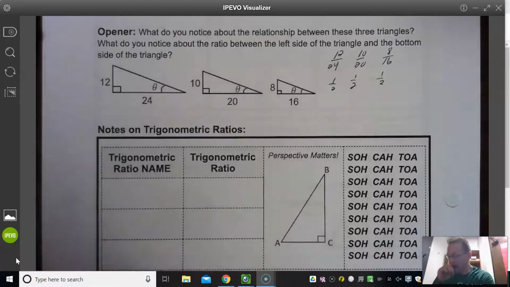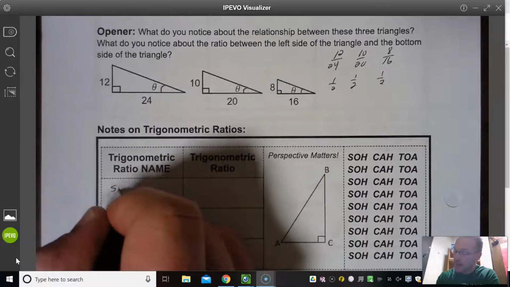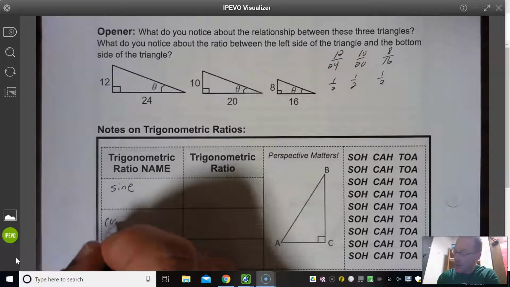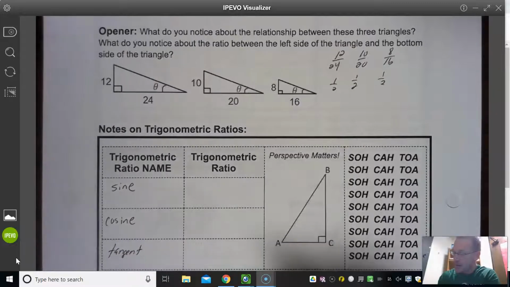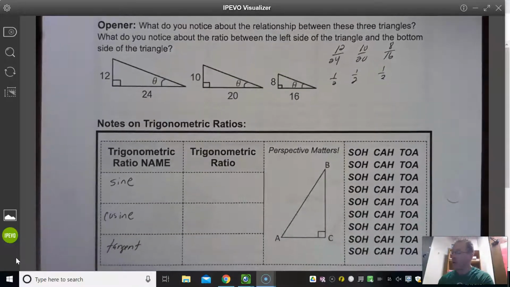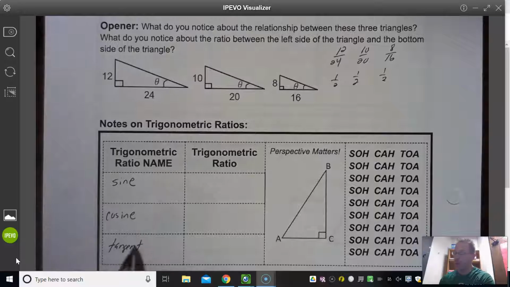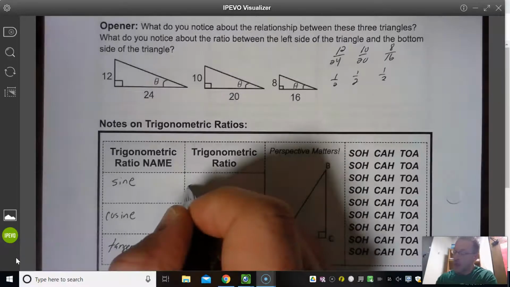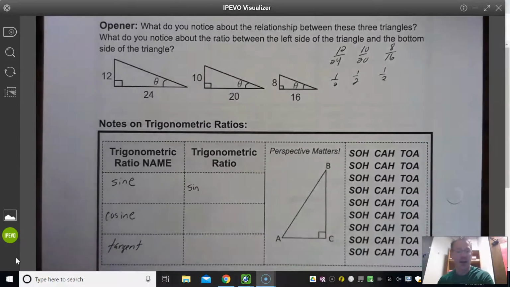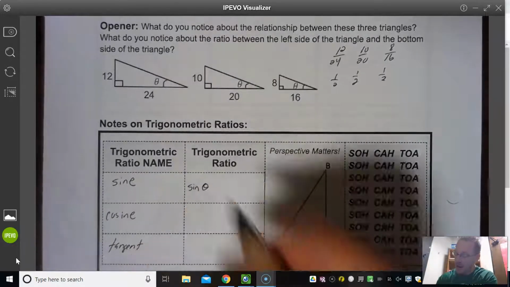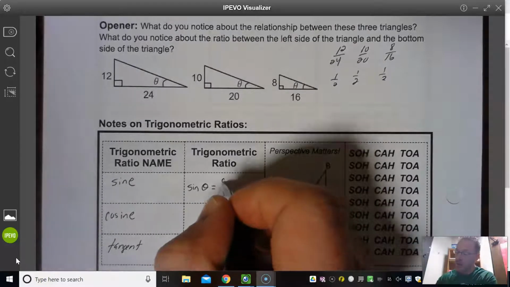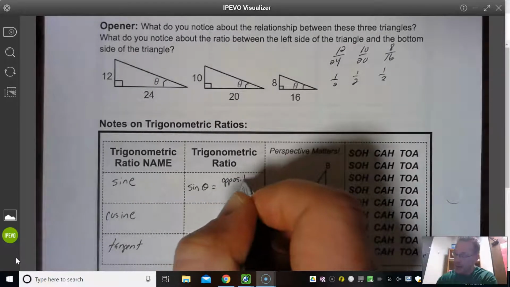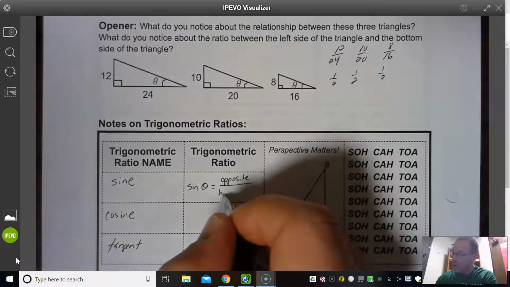Now, we have three different ratios that we're going to look at. We're going to look at sine, cosine, and tangent. What we do is abbreviate them when we look at them in a triangle. So the sine, which we abbreviate as sin of theta, and theta is usually the symbol we use for angles, is always going to equal the opposite side over the hypotenuse.